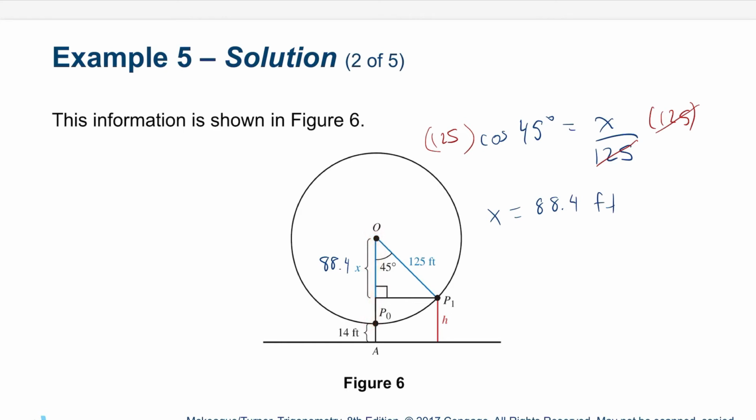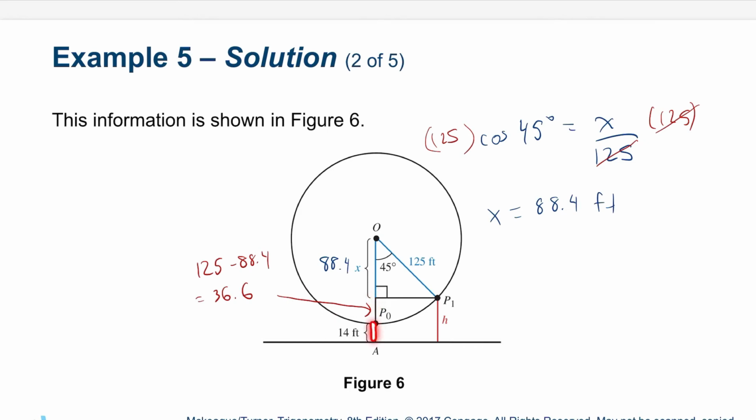So in order to get this piece here, we just do 125 minus 88.4, which is 36.6. So the distance between this point and this point is 36.6 feet.